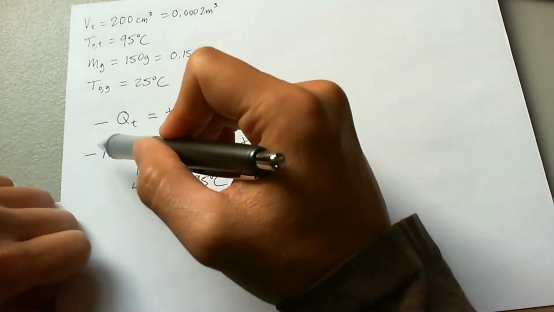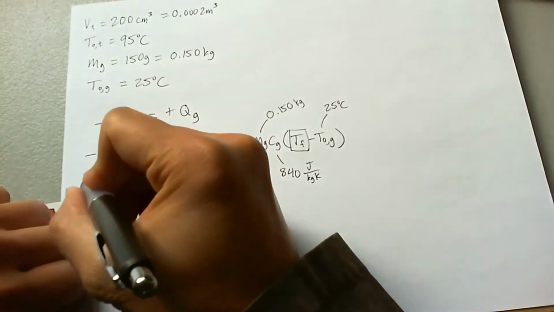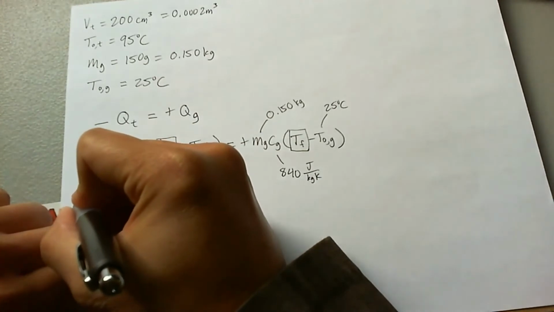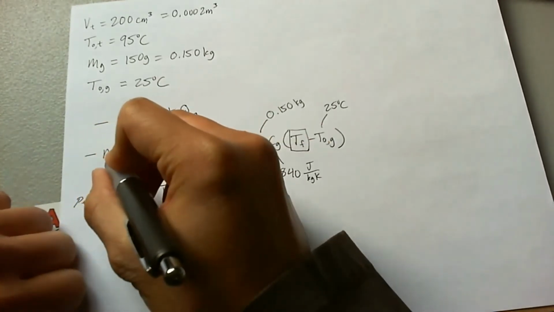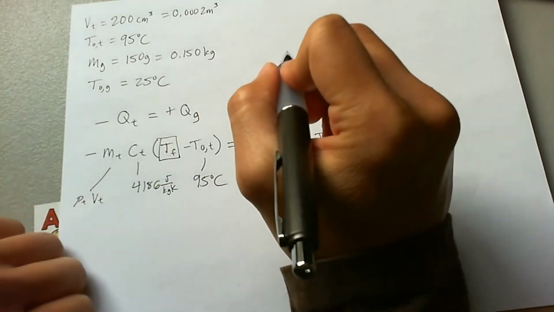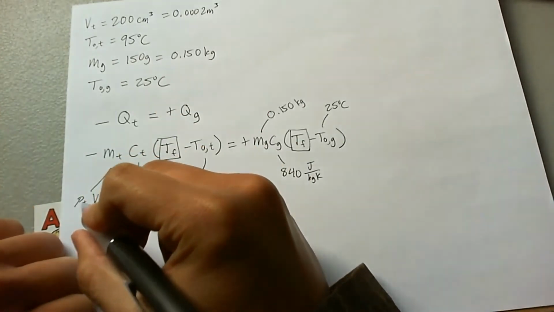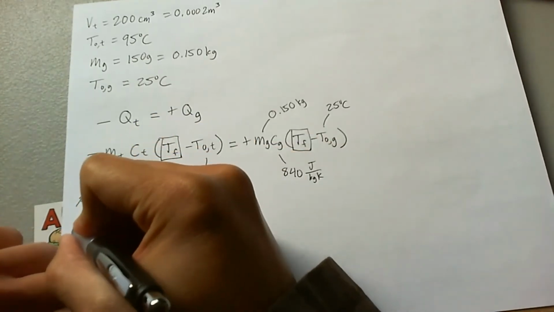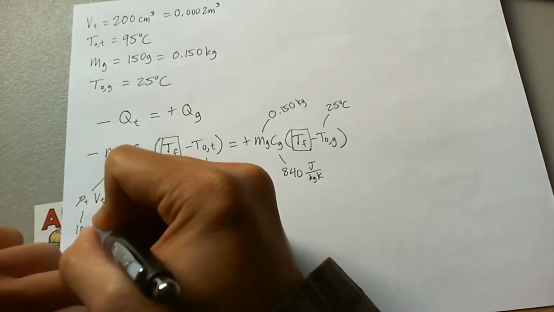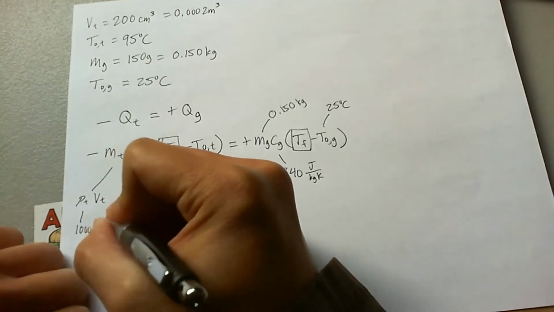And since we know that tea is essentially water, we can say that mass is the same as density times volume. That's just because the density is mass divided by volume. The density of water is 1,000 kilograms per meter cubed.